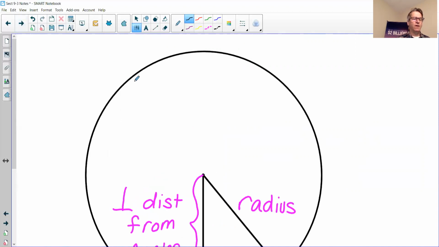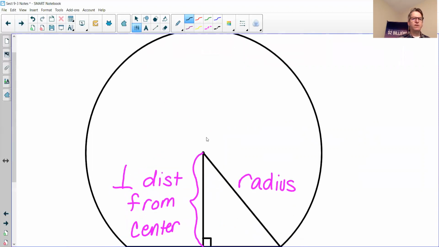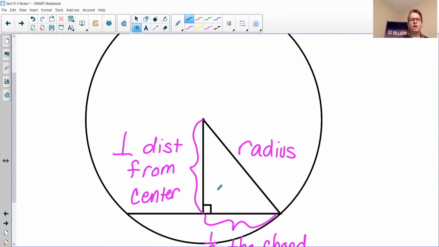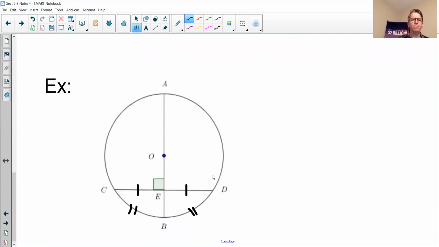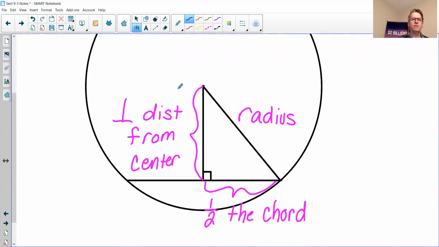Next page. This is just a page of notes. We've got ourselves a triangle that's formed. You can see from these figures what we've got here is a perpendicular distance from the center, half of the chord, because this side is equal to that, and then the radius is right here.